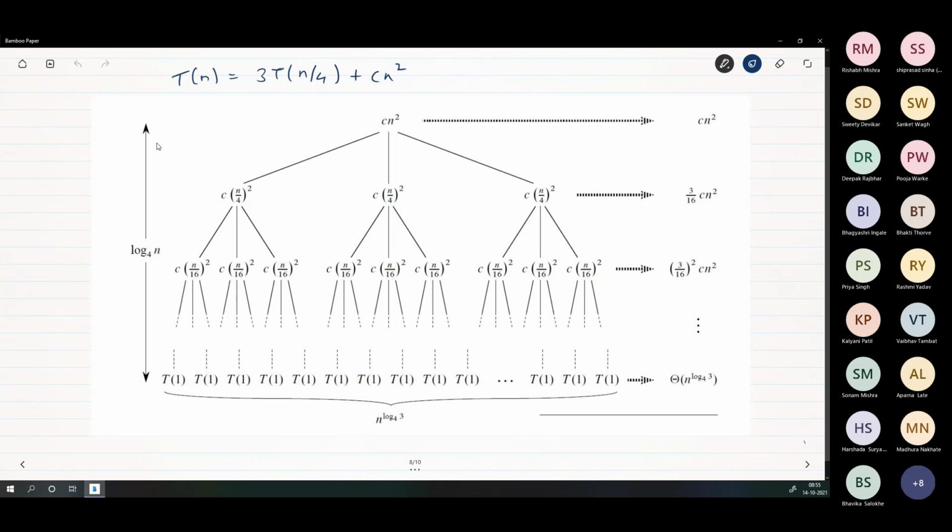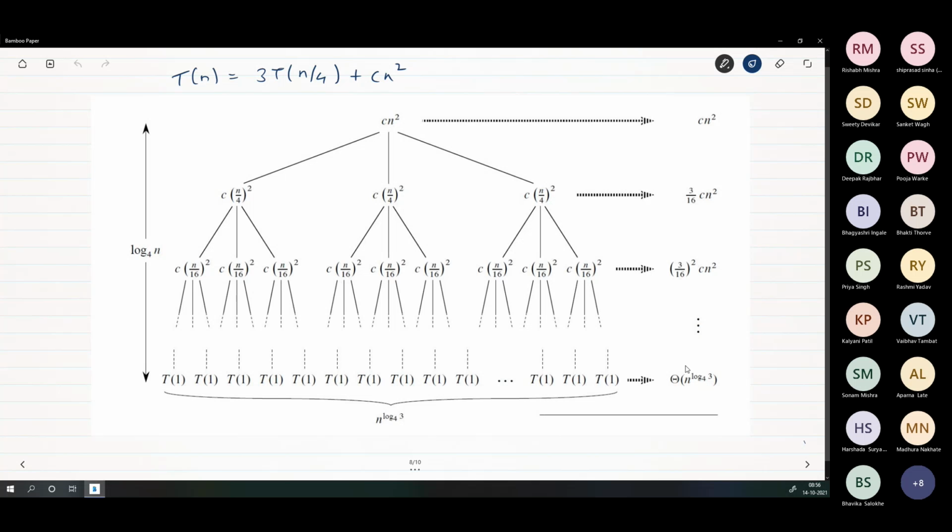Now you want to find out that at height log to the base 4 of n, how many times t of 1 has occurred, because that is the cost that you have at the end. T of 1 is equal to 1. That is the initial condition. But then you have to count 1, 1, 1, 1, 1 and add them. How many times? That is the question.